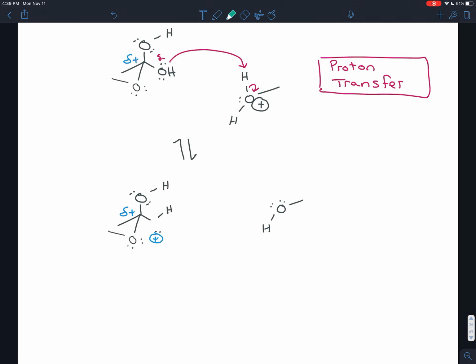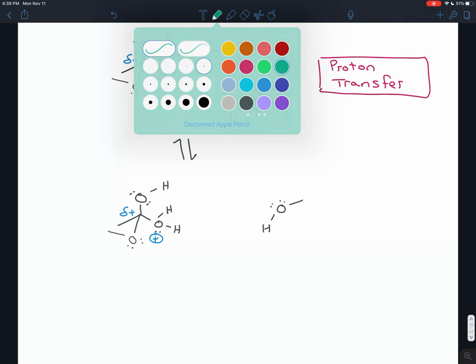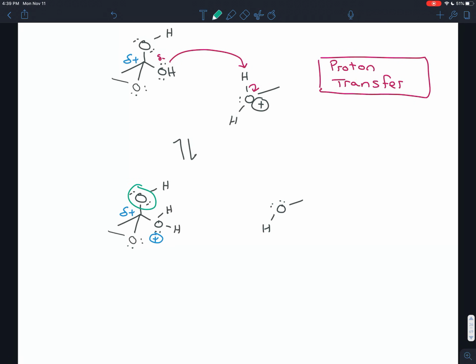Let me draw the bond to this other hydrogen there. You can see that if it leaves, it will just be water. So this is an awesome leaving group now. So now that we have a good leaving group, these oxygens are slightly negative. They feel the slightly positive charge on this carbon.